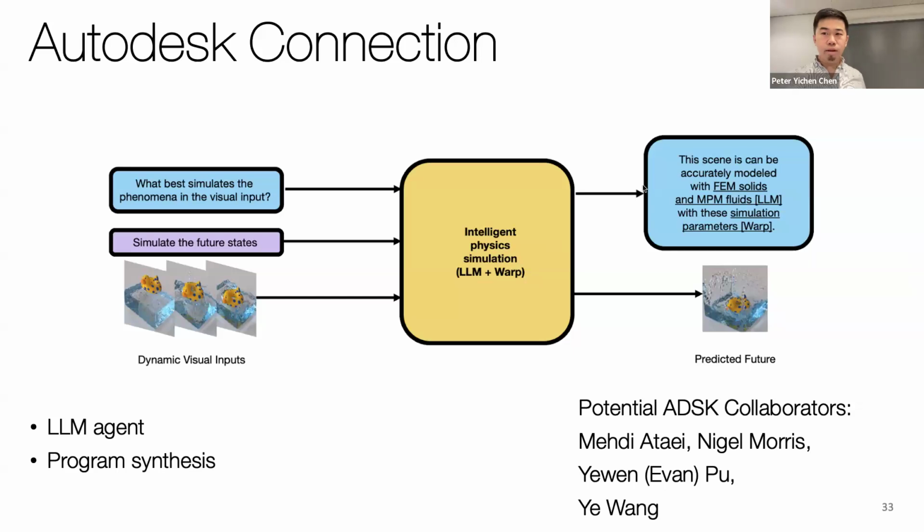And then you can combine that with the differentiable physics we talked about earlier to actually inversely identify the parameters. So this LLM agent is very useful, but also potentially, we can leverage program synthesis techniques to actually generate these programs so that we can find a material model or particular setup that is particularly useful for the scenario that we're observing.